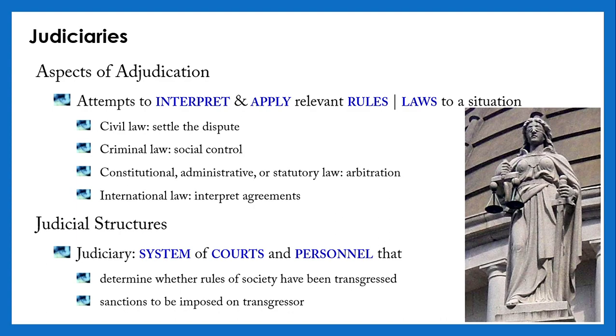They are applied through courts, and the personnel who determine, through a reading of the laws, can apply them and decide if someone has an infraction or if the government has an infraction, but also can sanction the transgressor, the person who violated the rules.